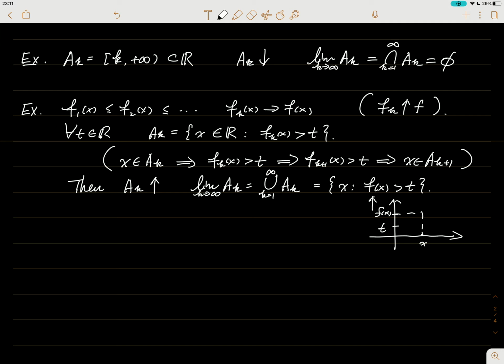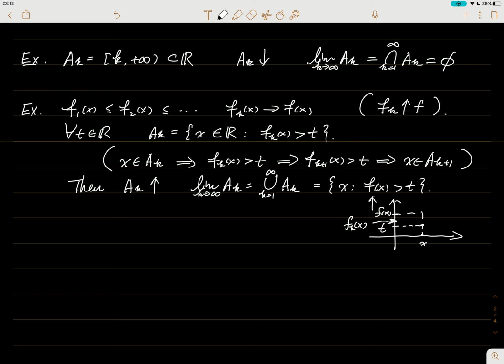So if f of x is bigger than t, and your f sub k of x is converging to f, going up to f of x, that means up to some point, it will pass through this t. Okay? So for k large enough, your f sub k of x will be somewhere here.